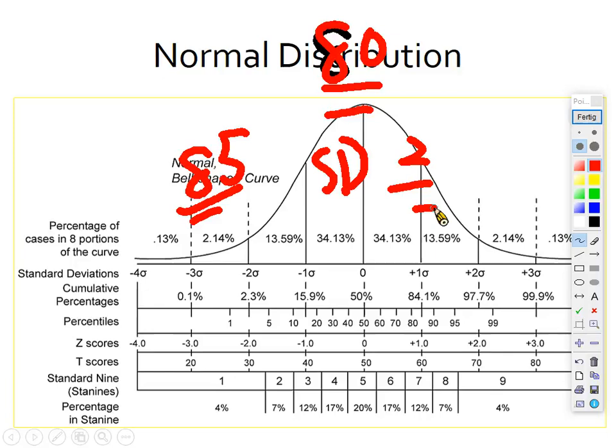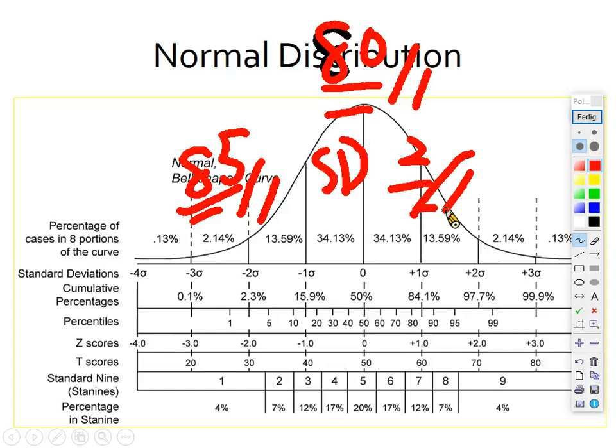Anyone have a good idea? This will be one of the tests for the next quiz, so you need to know. So what is your location? If you get 80, and we know the average score of the class is 85, and the standard deviation is 2, then what is your position compared to all other students?